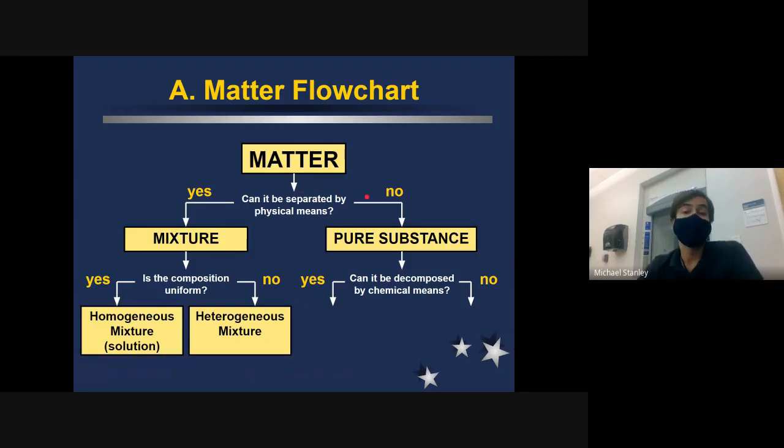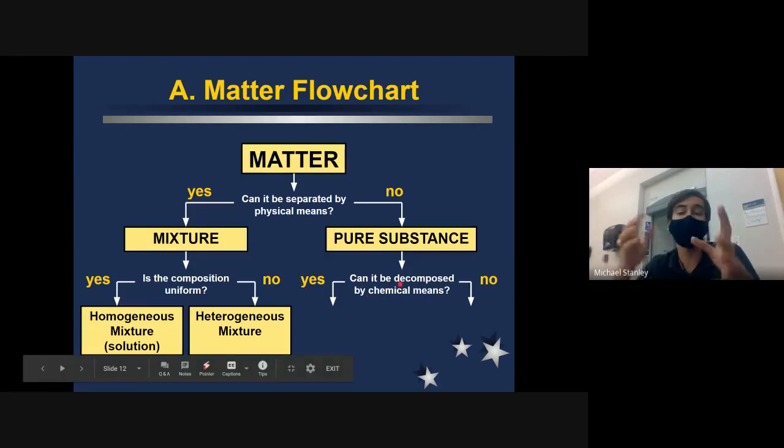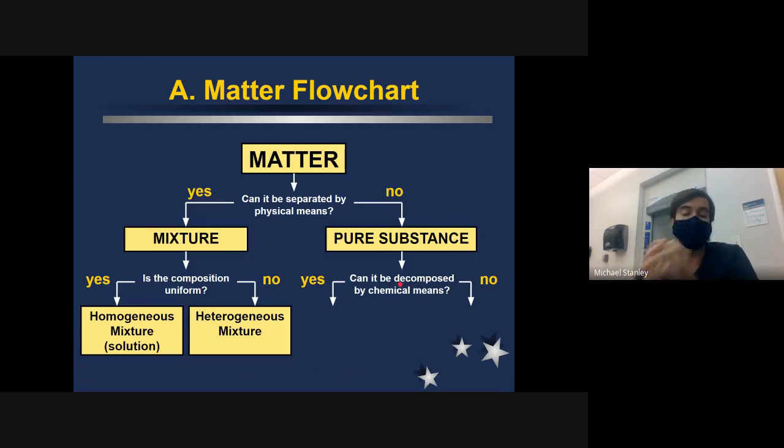On the flip side, if we don't have different particles that we can split apart from each other, if they're all the same type of particle, then we have a pure substance. So again, pure substance, one type of particle present. If that particle is different atoms that are bonded together, so that's what decomposed by chemical means is saying, it's saying, are there multiple different atoms that are fused together?